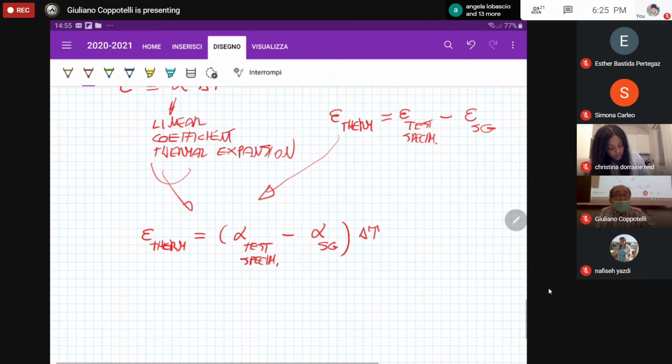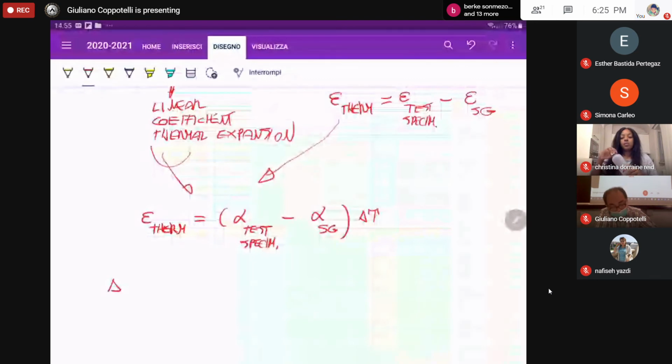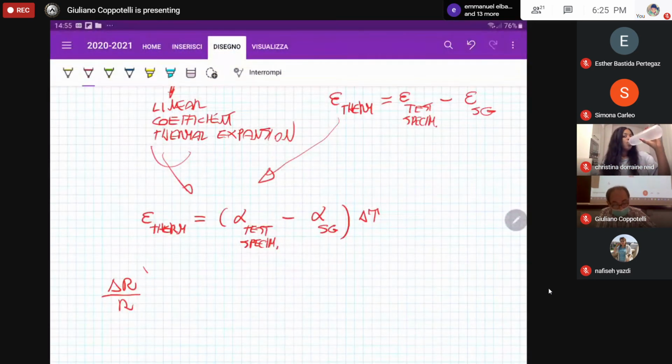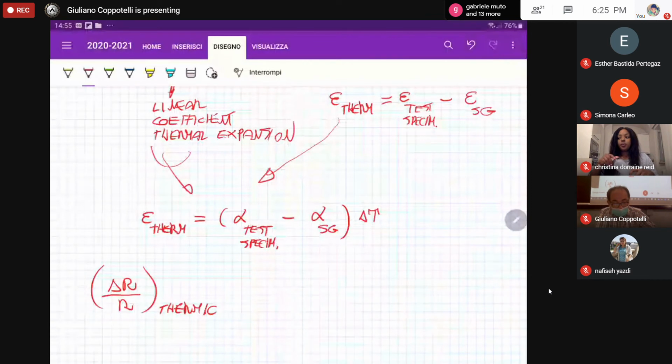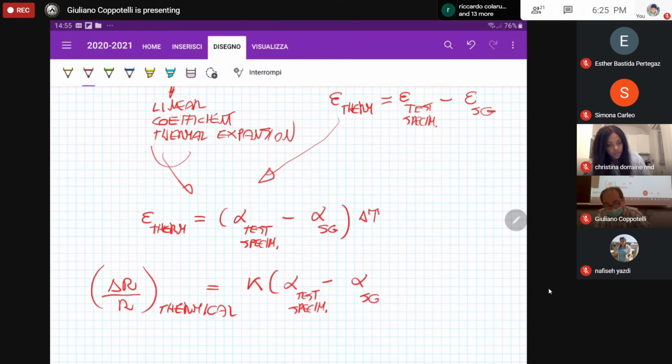Now, putting things together with the strain gauge measurement, the change of resistance in percentage, because the operating temperature is different with respect to the reference one, because of the thermal effect, is given by K, the strain gauge factor, which is not considered here as an effect since we already considered that, times the linear coefficient of thermal expansion of the test specimen minus that of the strain gauge, times the change of temperature.